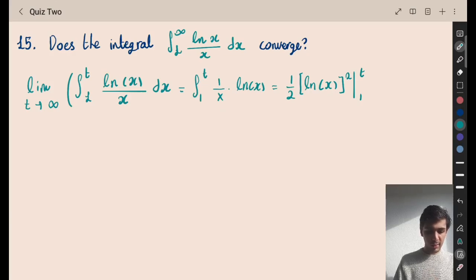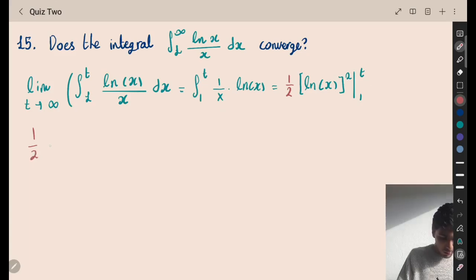And if you would like to assess whether this integral converges or not, then we need to simply take the limit. Let me expand this first. The first thing I'm going to do is I'll write this half on the outside. And what we have here, I have to plug in t once and then plug in 1 the other time.